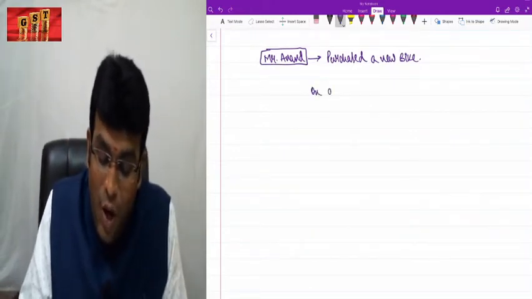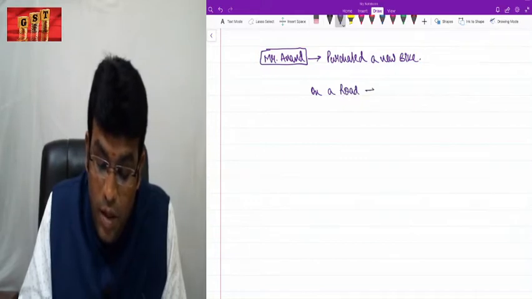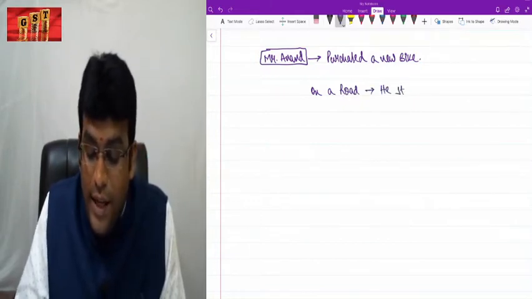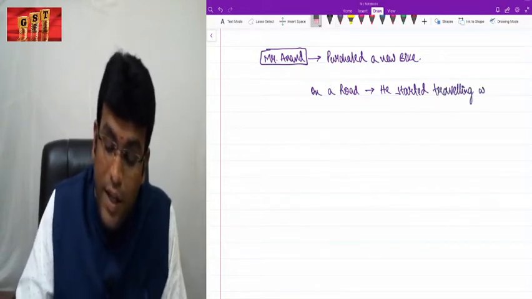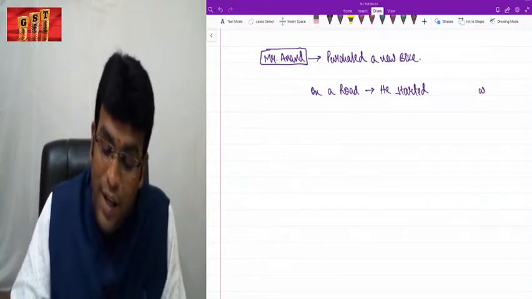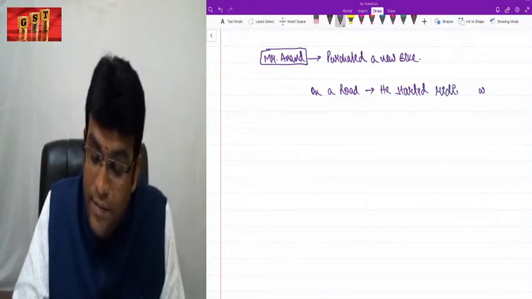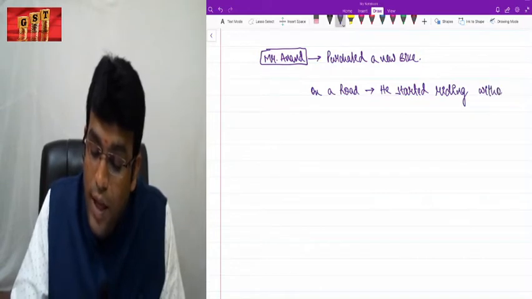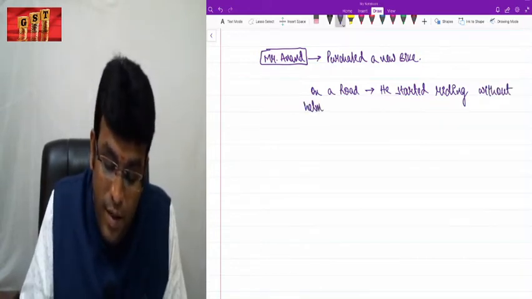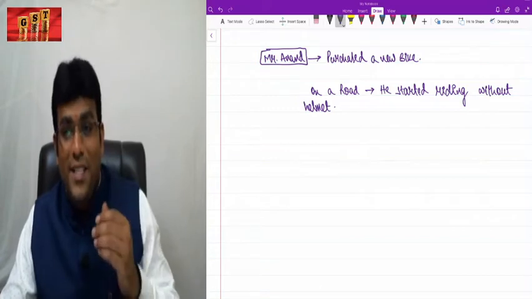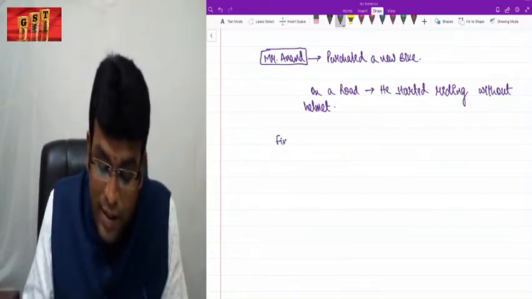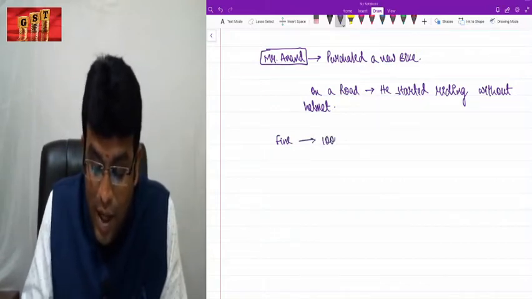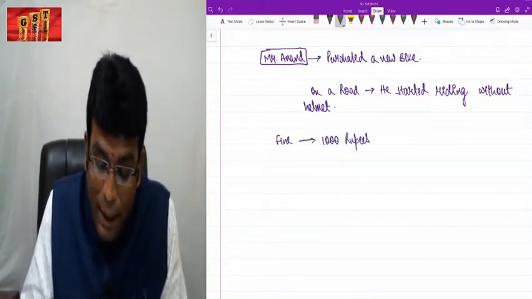What he has done is, on a road, he started riding without helmet. Come on my dear friends, what he has done? He started riding without a helmet, and if a person goes without helmet, there is a fine of, let's say, 1,000 rupees that needs to be paid.